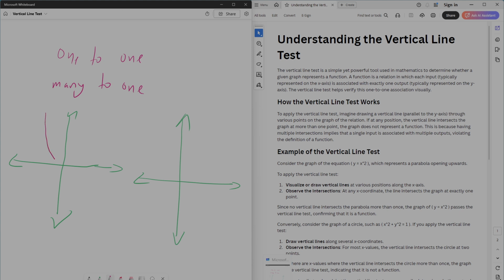In one, we're going to graph y equals x squared, and in the other one we're going to graph a circle. Let's say the circle is x squared plus y squared equals 1. Of course this is a little crooked, but it's okay.